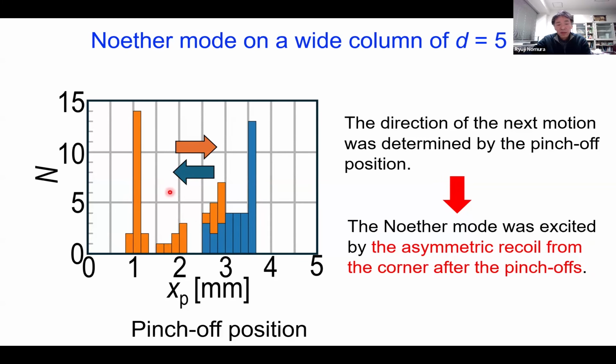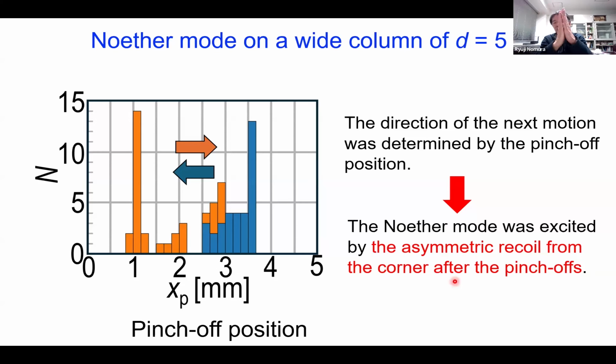And if the droplet is pinched off around the left corner, then the following motion of the droplet is to the right. So this means that the Noether mode was excited by the asymmetric recoil by the corner after the pinch-off.